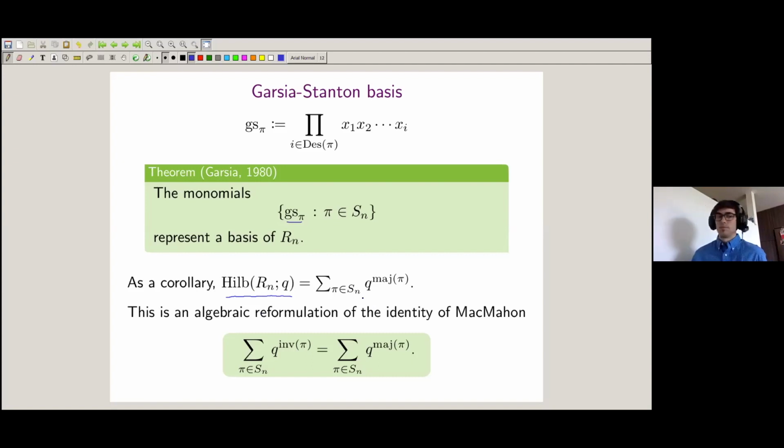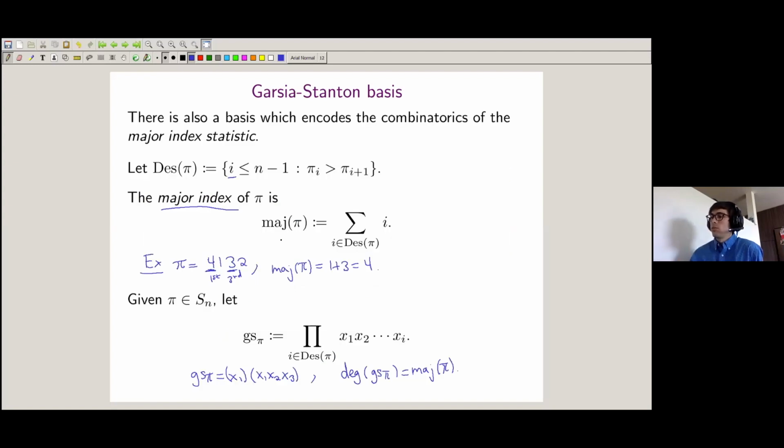Can I interrupt and ask a question? Yep. So there are many permutations that have the same descent set. So isn't the way you've defined GS pi going to give you the exact same monomial then? Oh, maybe I thought you had to take x of pi. Was this supposed to be pi 1?